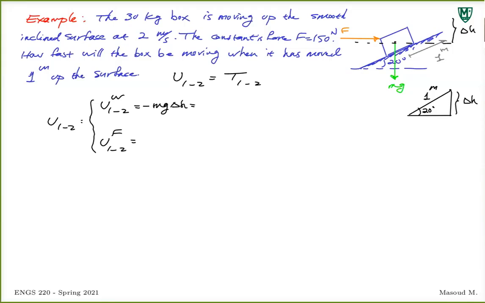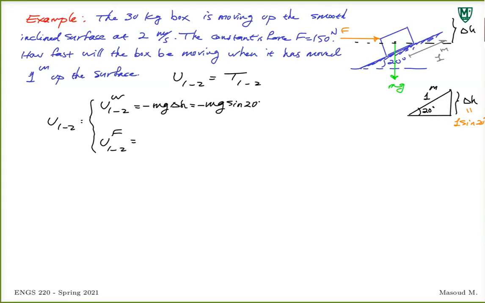Is it just sine 20 degrees? It's basically sine 20 degrees, exactly. So minus mg, or this height, would be 1 sine 20 degrees in this triangle, right? Exactly. 1 meter, right?